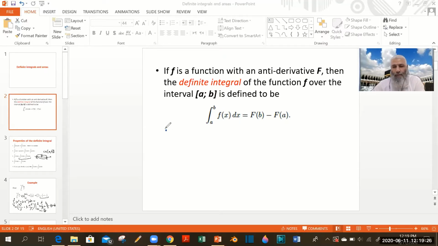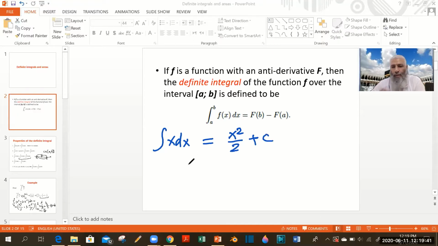For example, if I have the integration of x dx, what's the integration of this? It's x squared over 2 plus c, right? Yes.